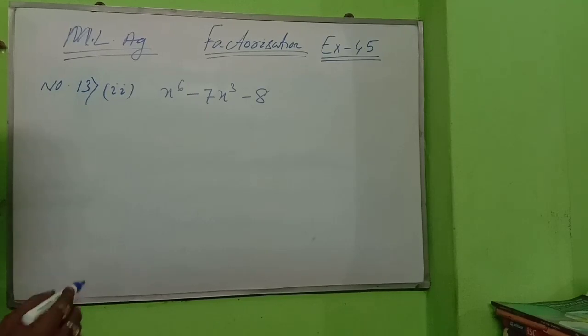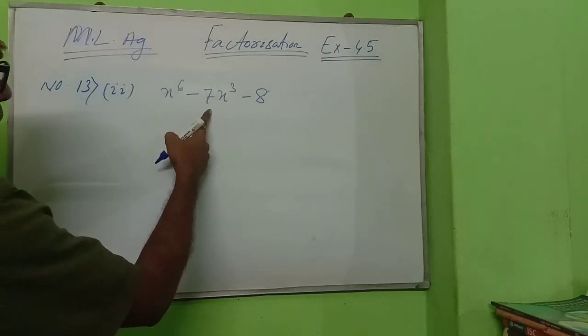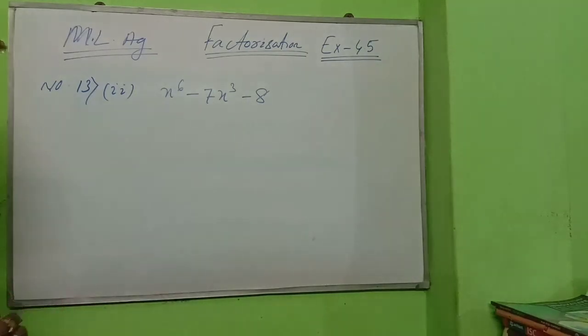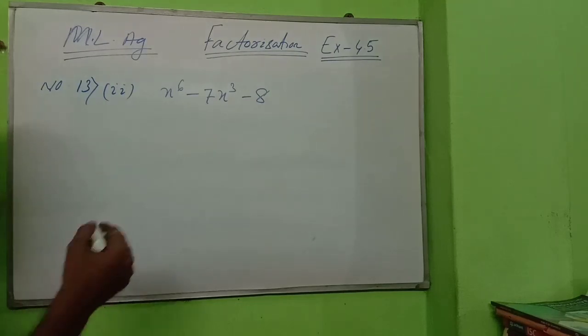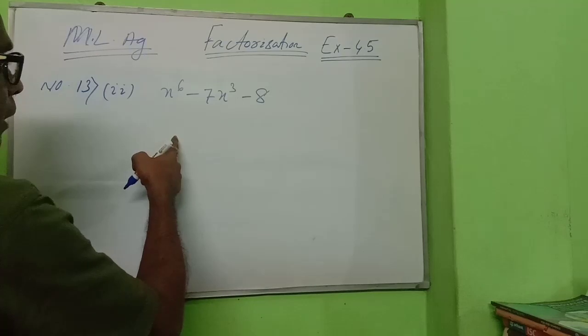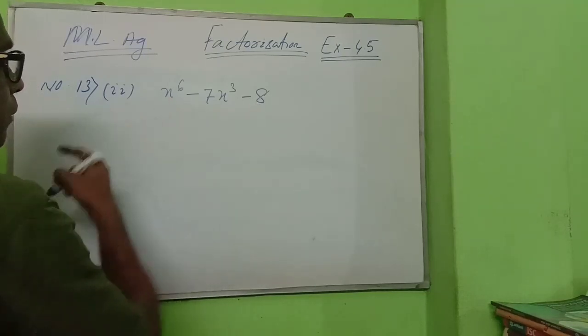See the question. Here given x to the power 6 minus 7x cube minus 8. How to do this one? See, first of all this can be factorized by middle term breaking. Multiplication minus 8, addition minus 7.